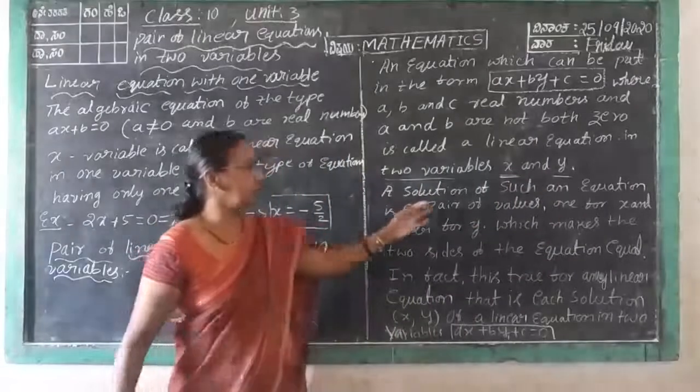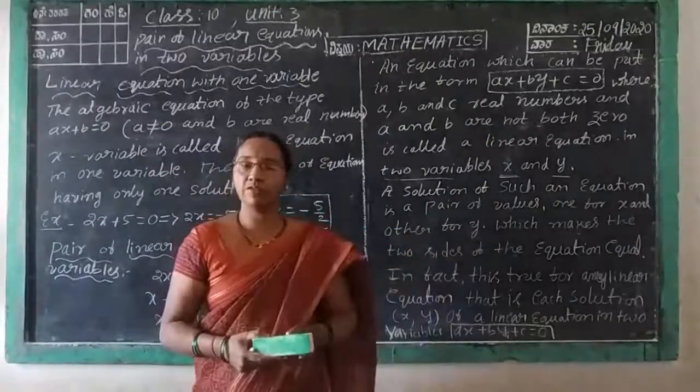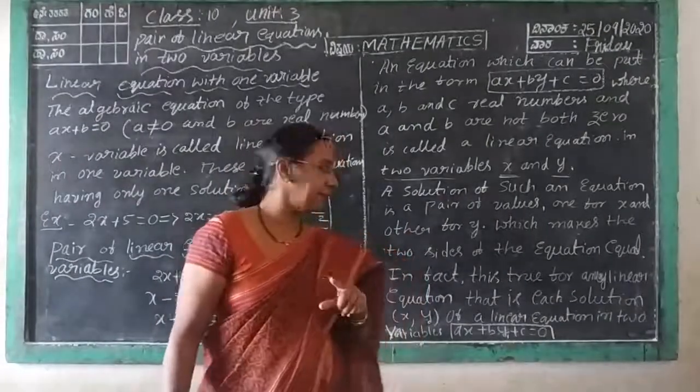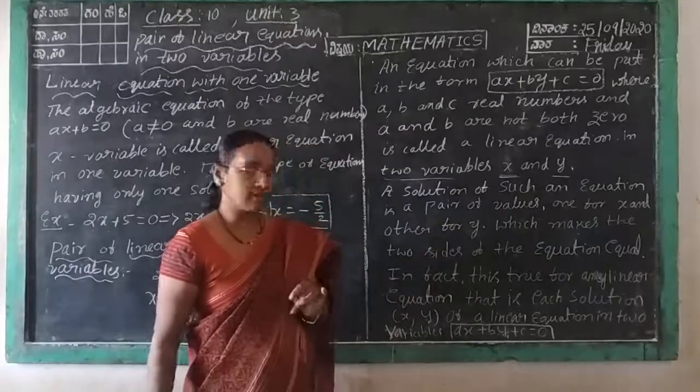A solution of such an equation is a pair of values, one for x and another for y, which makes the two sides of the equation equal.